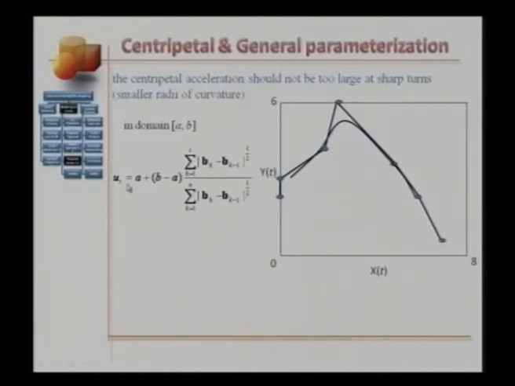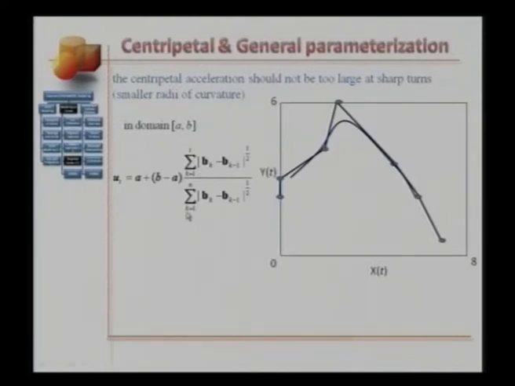So u of i is given by u of i equals a plus (b minus a) times, in the numerator, k equals 1 to i summation of the absolute value of b_k minus b_(k-1) raised to half. So if you notice, we are considering the square root of the chord lengths.